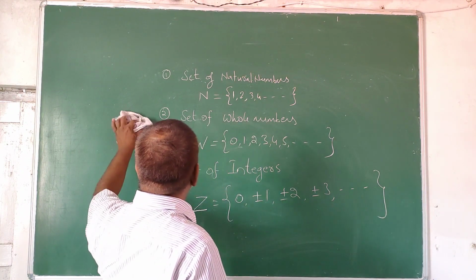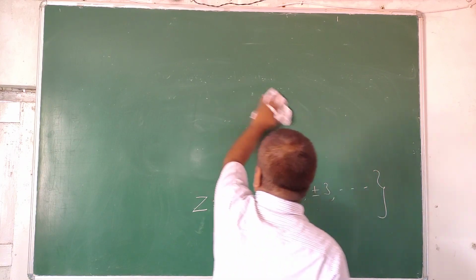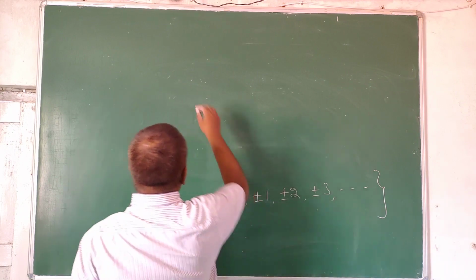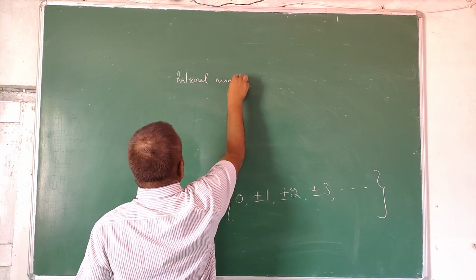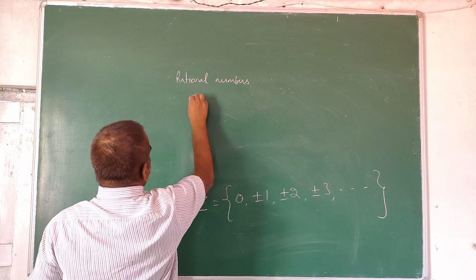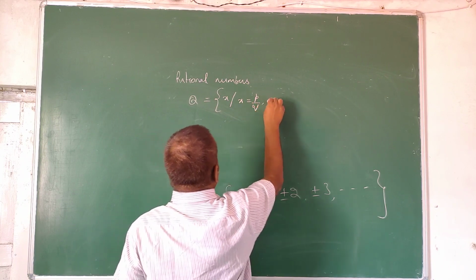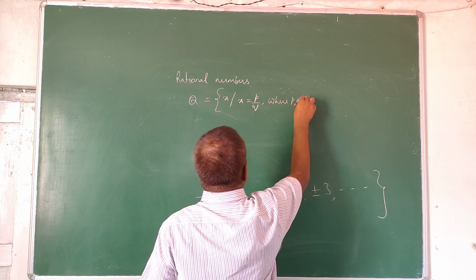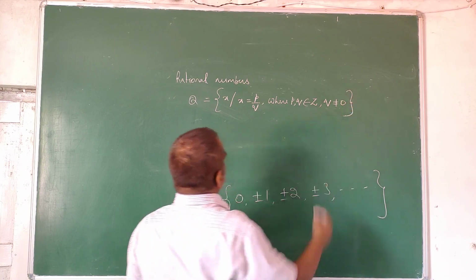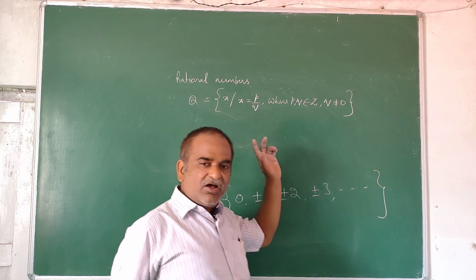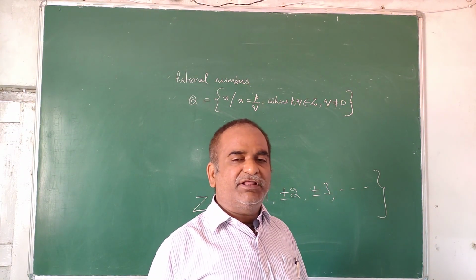Next, coming to rational numbers. Rational numbers are denoted by Q. It is the set of all x such that x is in the form of p by q, where p and q are integers, taken from the set of integers, and q is not equal to 0.